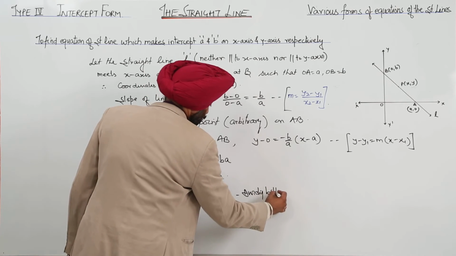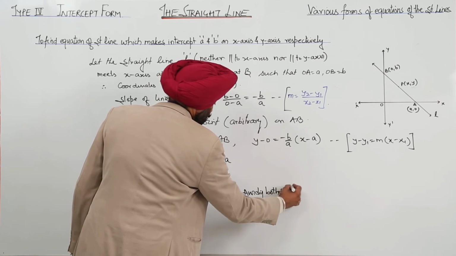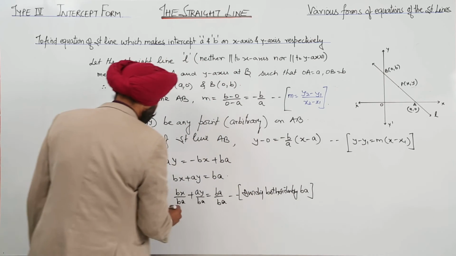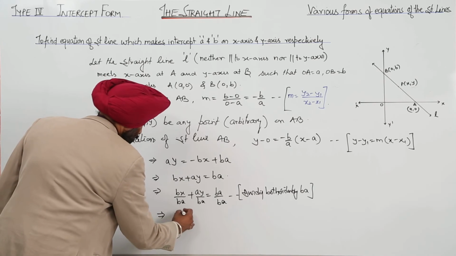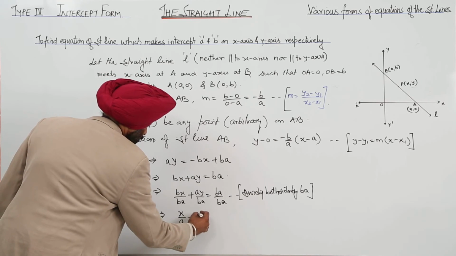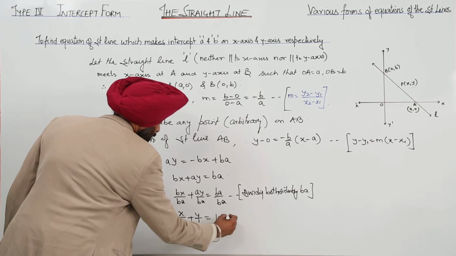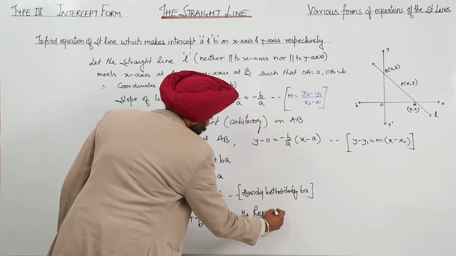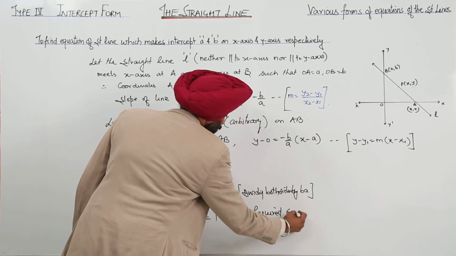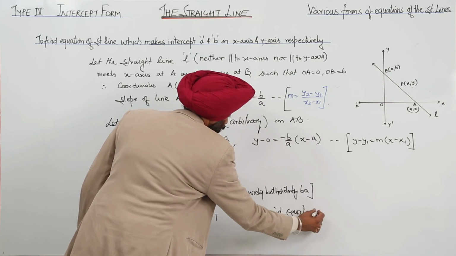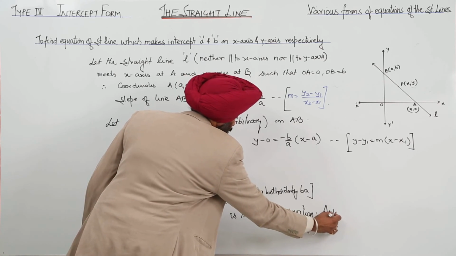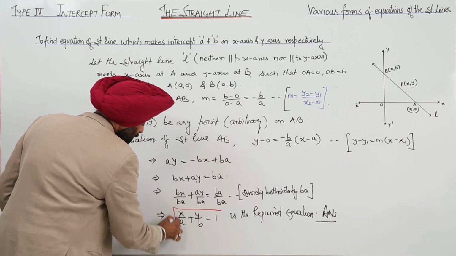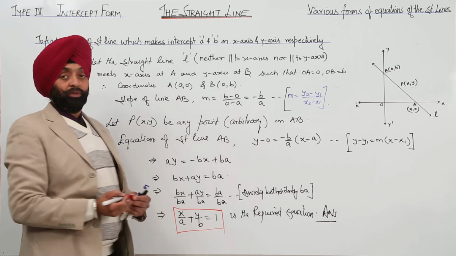So x upon a plus y upon b is equal to 1 is the required equation. This is the answer. So the equation in the intercept form is x upon a plus y upon b is equal to 1.